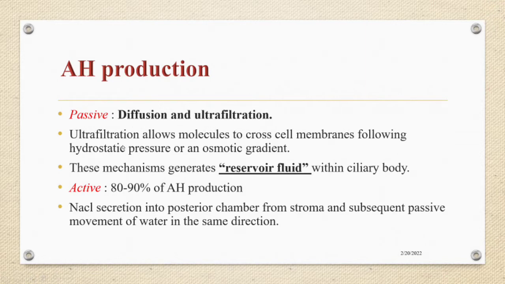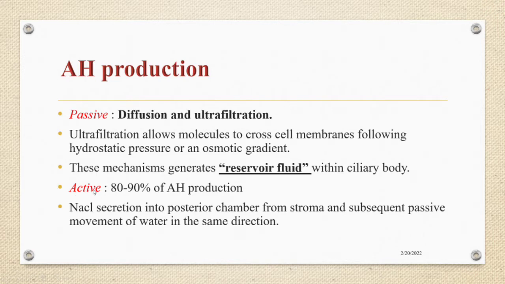Ultrafiltration allows molecules to cross cell membranes following hydrostatic pressure or an osmotic gradient. These mechanisms generate a reservoir fluid within the ciliary body, which ultimately goes into the posterior chamber based upon the concentration gradient. That concentration gradient is brought about by the active secretion of ions.